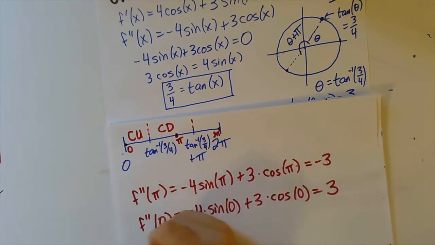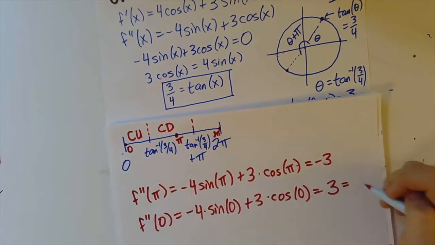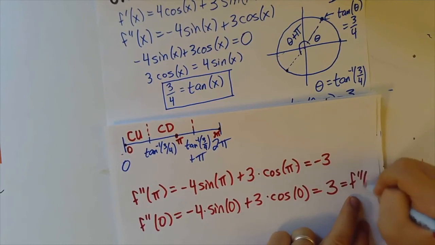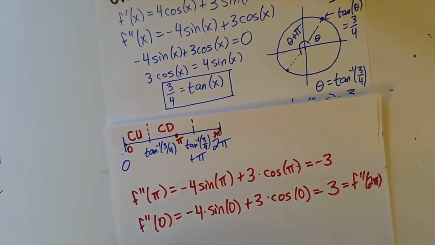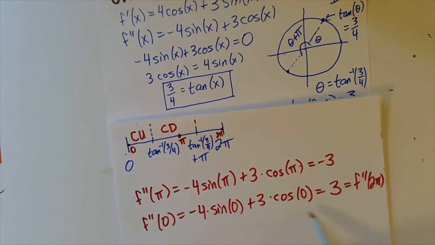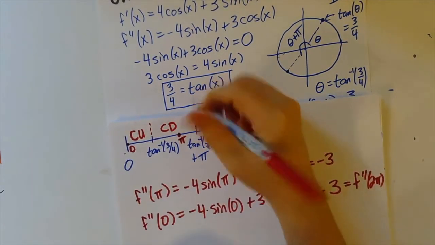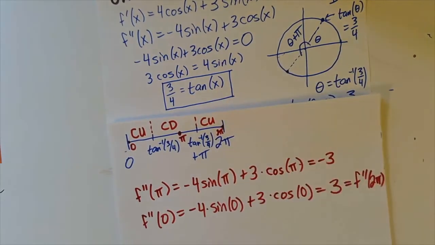And in fact, if you plugged in 2 pi to the second derivative, well, remember, all these functions are periodic with period 2 pi, so I'll get exactly the same thing as if I plugged in 0, and so the function will also be concave up over here.